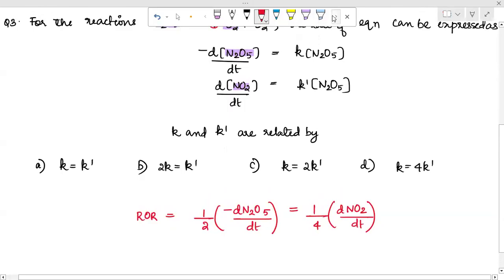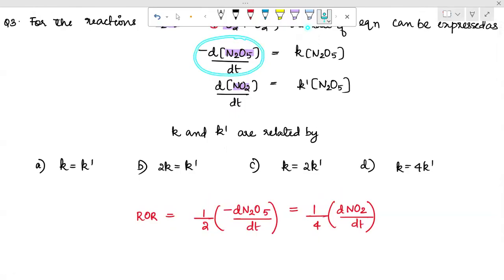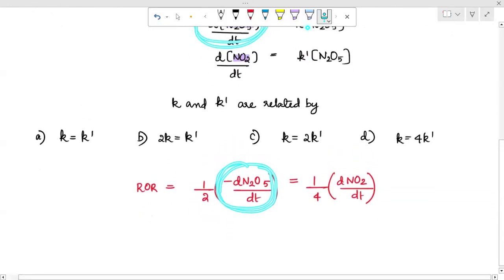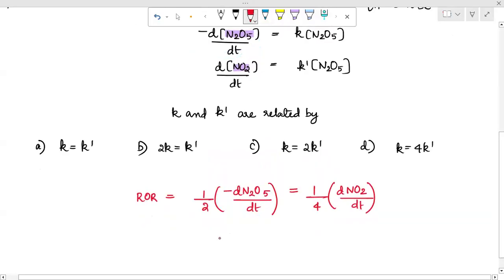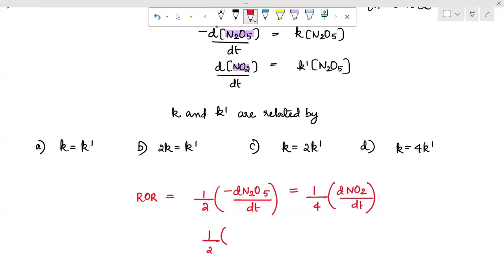Now, please look at this. Already it is given that minus of dN2O5 by dt is K[N2O5]. So this can be substituted over here. Correct? This can be substituted over here. So what can we write? We can write it as 1 by 2, and from the question, it is given that this expression is K[N2O5].